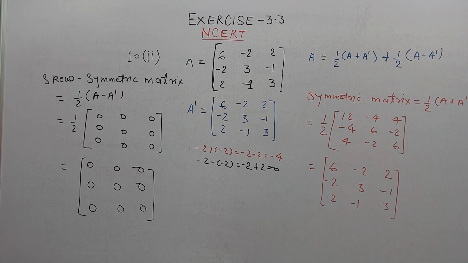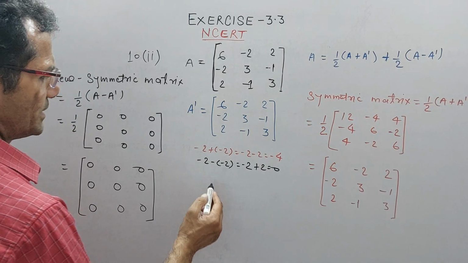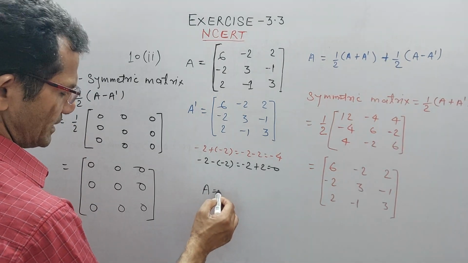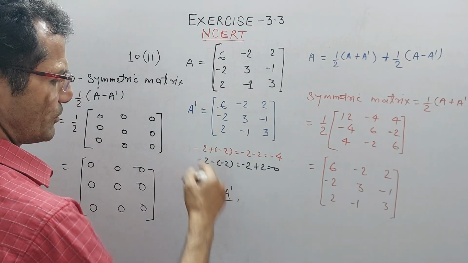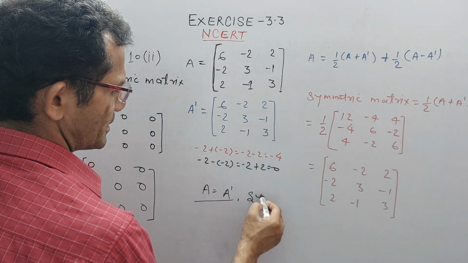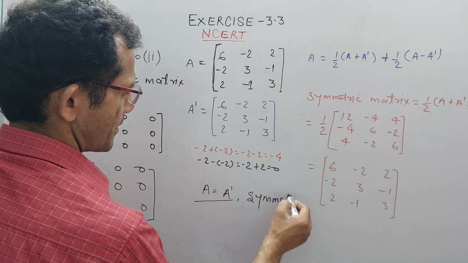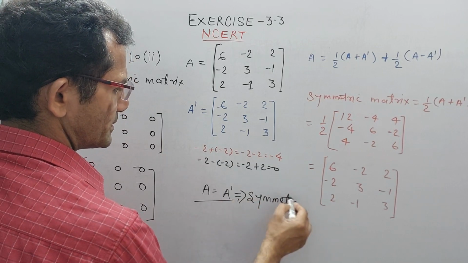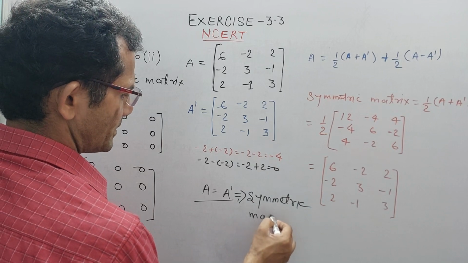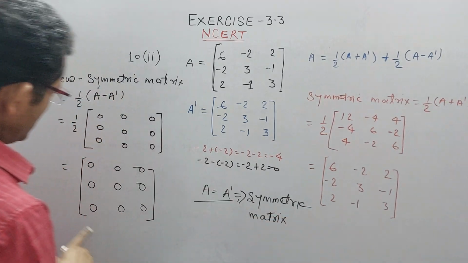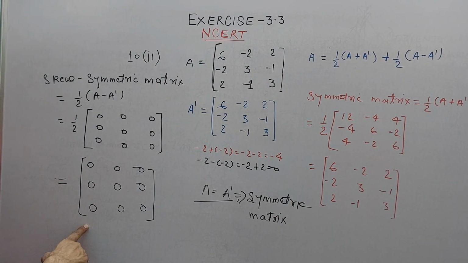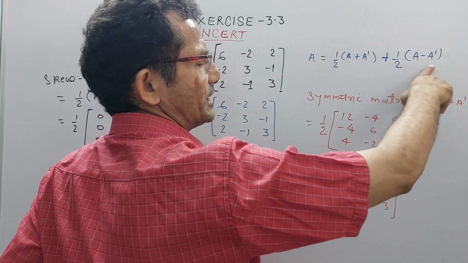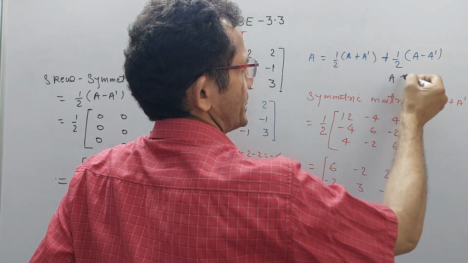So the reason that the skew symmetric matrix comes out as a zero matrix is that matrix A is already a symmetric matrix, that is, A is equal to A transpose.